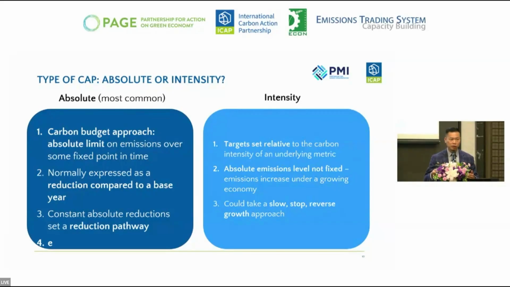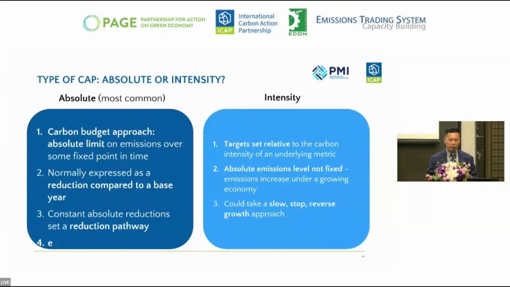For example, the EU has an absolute number, maybe 2 billion at the very beginning, and reduces every year. And the Korean market has 700 million tons, but it increased. But at least the market knows an absolute number, how much they can emit.